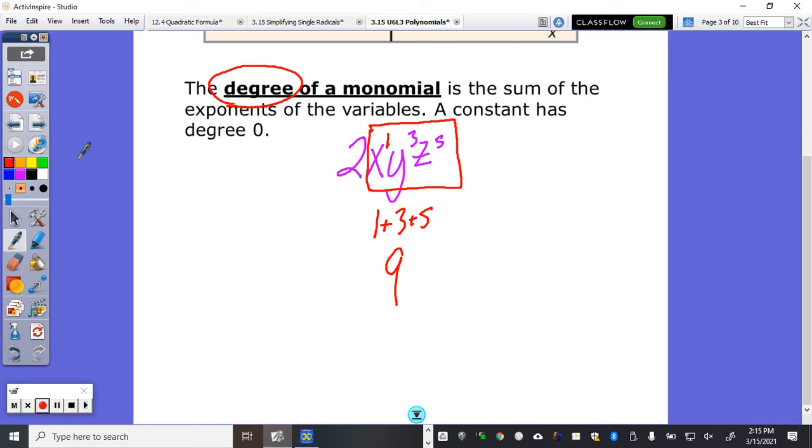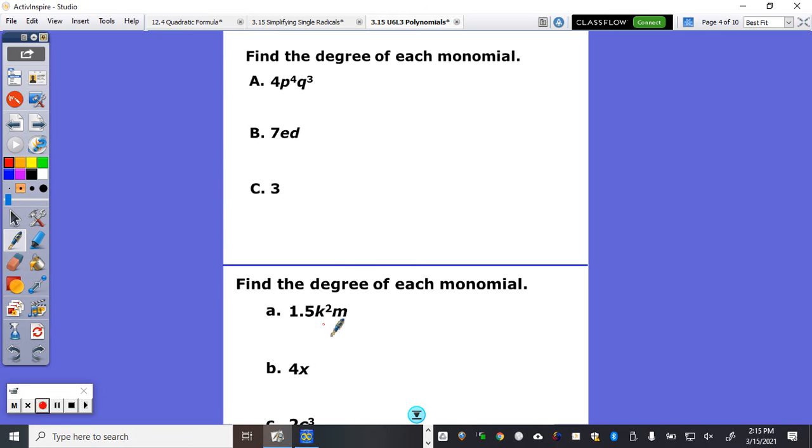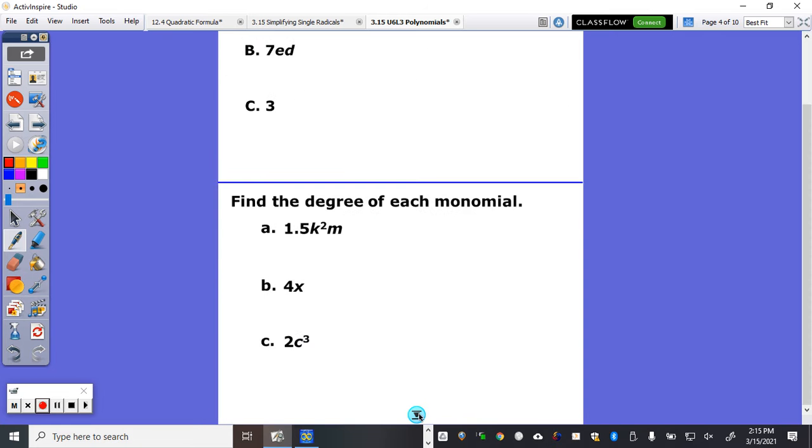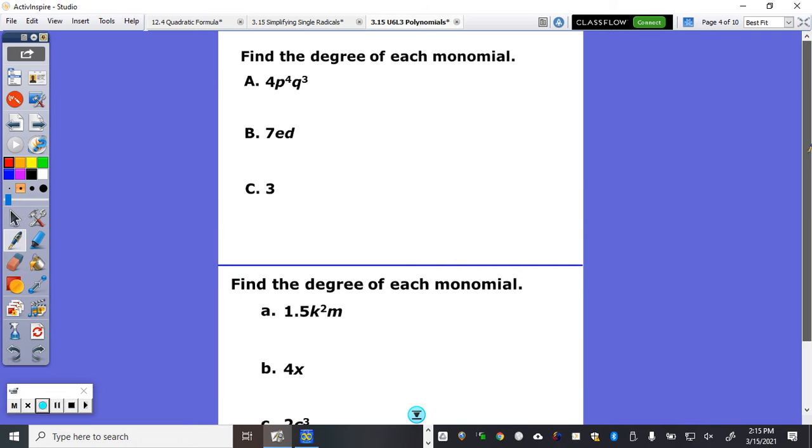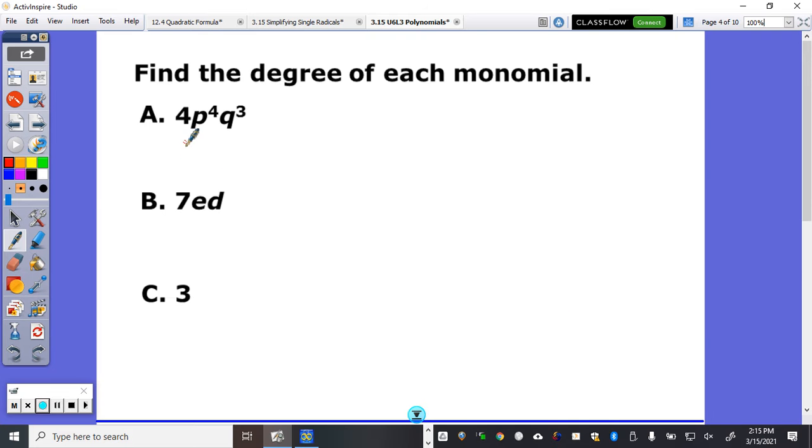So what's the degree for each one of these monomials? For the first one, if I'm just looking at the variables, I have a 4 and a 3, which gives me a degree of 7.